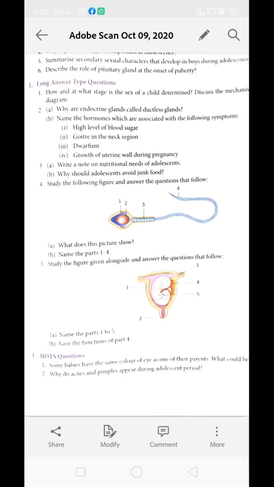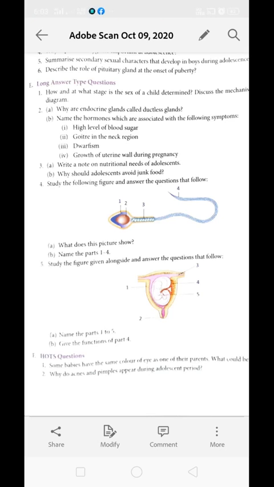B number question. Name the hormone which are associated with the following symptoms. First is high level of blood sugar. It is associated with insulin. Next is goiter in the neck, thyroxine. So the name of hormone which is related is thyroxine. Dwarfism. If GH is not secreted in proper amount, then the person will be dwarf.